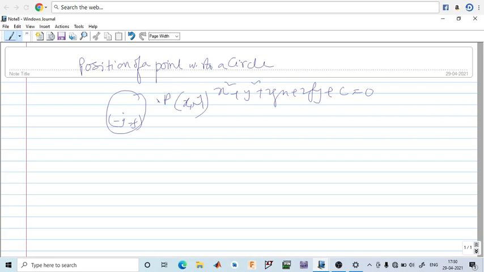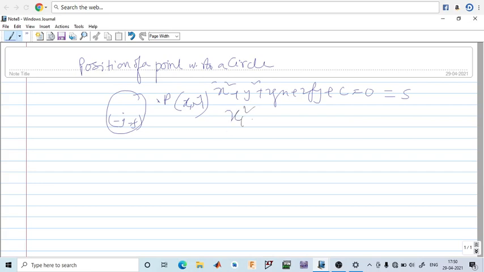So to know, what should we perform? Suppose this is S. If we see the value after changing x to x1 and y to y1, if the value is coming to be greater than 0, then P lies outside the circle.